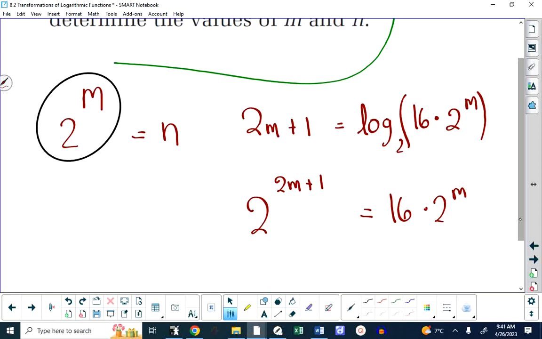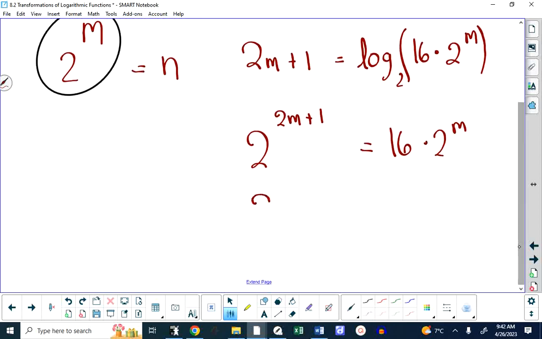Can I write 16 in base 2? Sure. So that's what I'm going to do now. I'm going to write everything in base 2. I get 2 to the 2m plus 1 equals 2 raised to the 4 times 2 raised to the m. I know from grade 8 and 9 math, and continuing on after that, that when I multiply a common base like I'm doing on the right-hand side, I add the exponents and I keep the base the same.